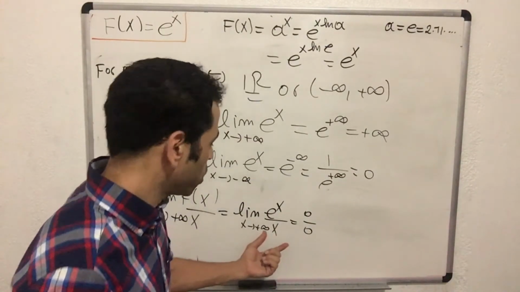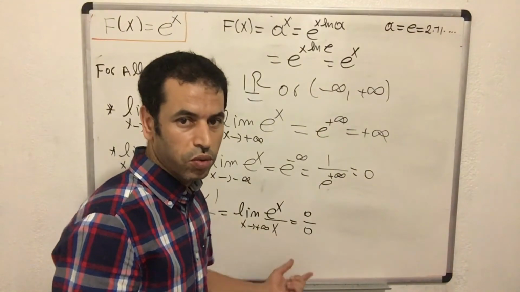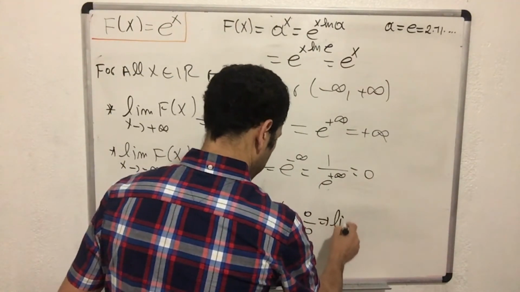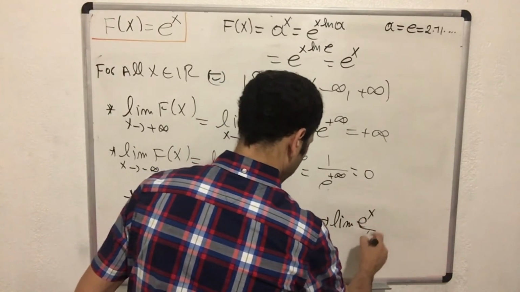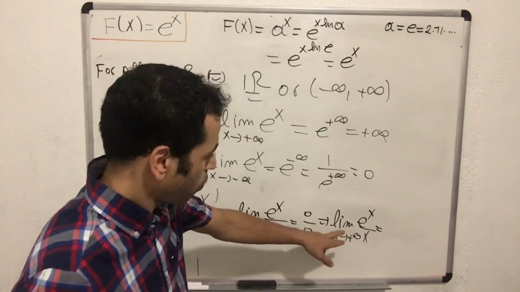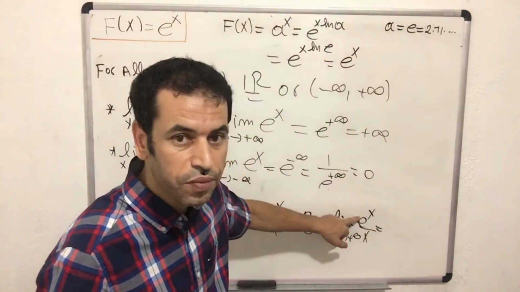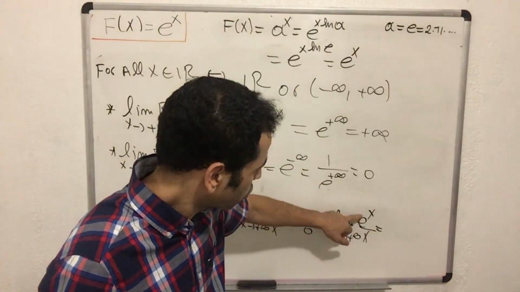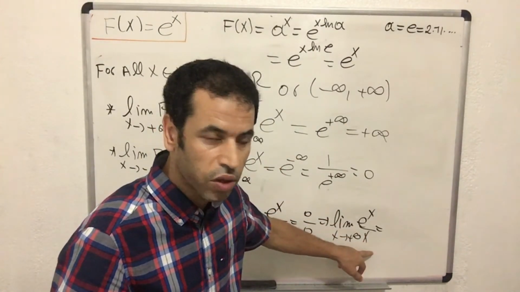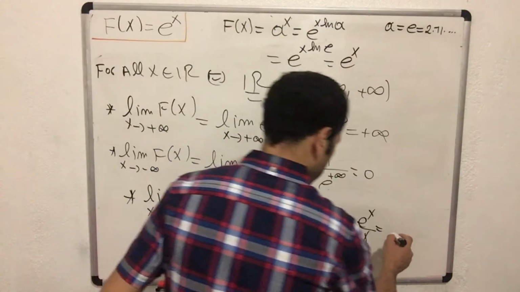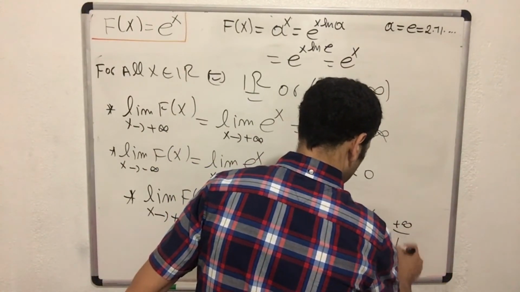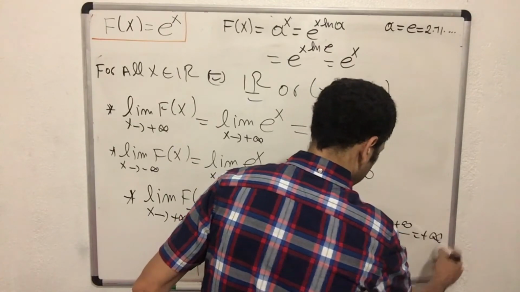In this case, I can apply L'Hôpital's rule to calculate the limit. So the limit of exponential x over x as x approaches plus infinity, by L'Hôpital's rule, is the derivative of exponential x over the derivative of x. So it is equal to plus infinity over 1, which is plus infinity.